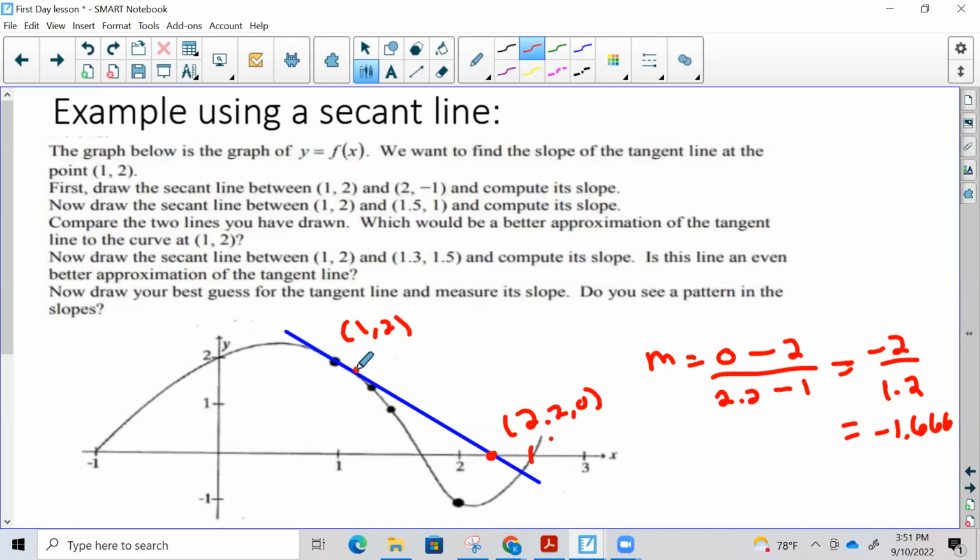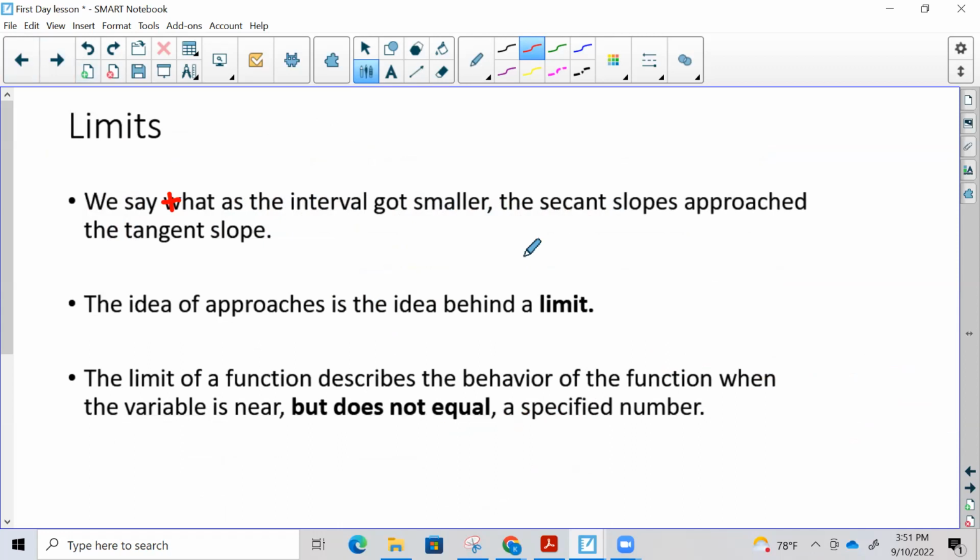If I kept moving my point closer and closer to the point of tangency, and drawing a line, my slope would be even more accurate. And so this idea of moving this point closer and closer is the idea of a limit. And the key thing again is that the limit describes the behavior of a function when the variable is near, but does not equal the specified number.